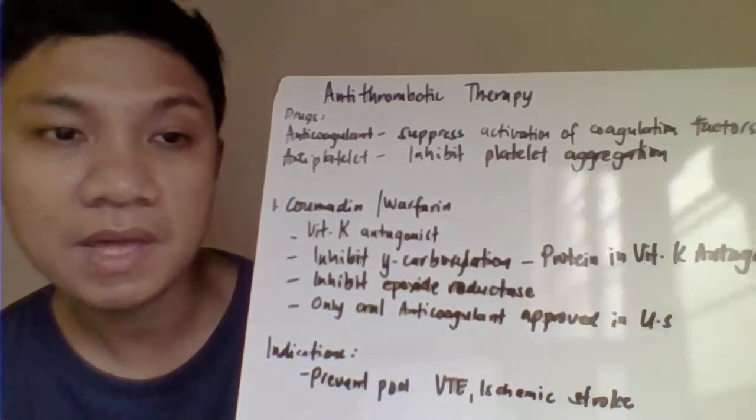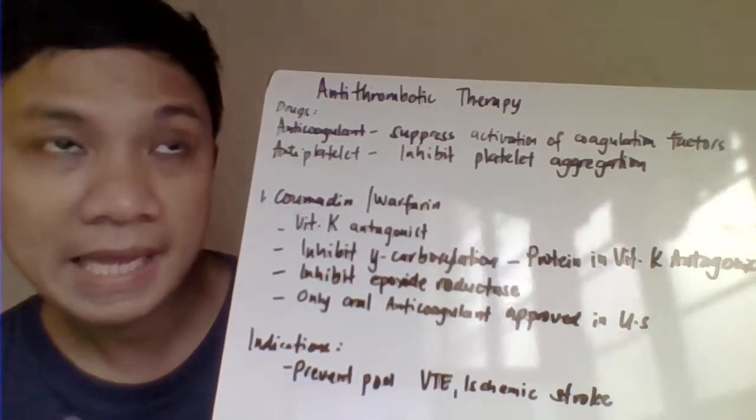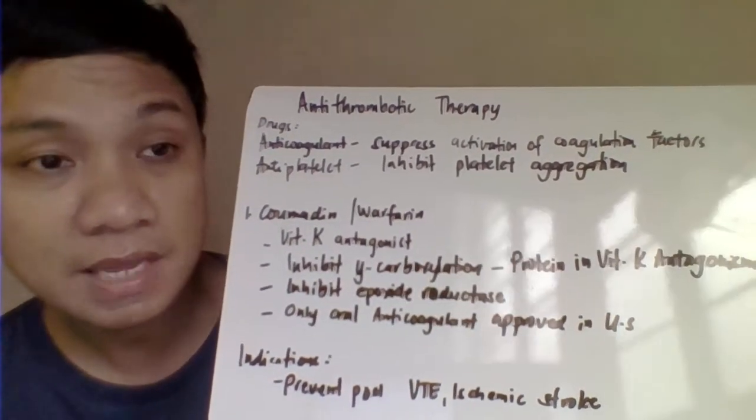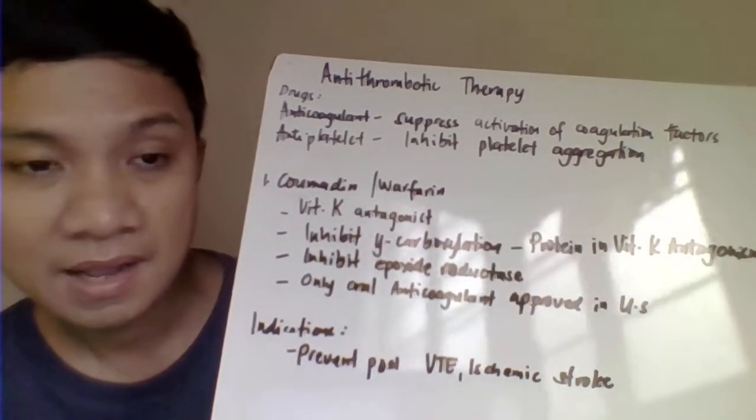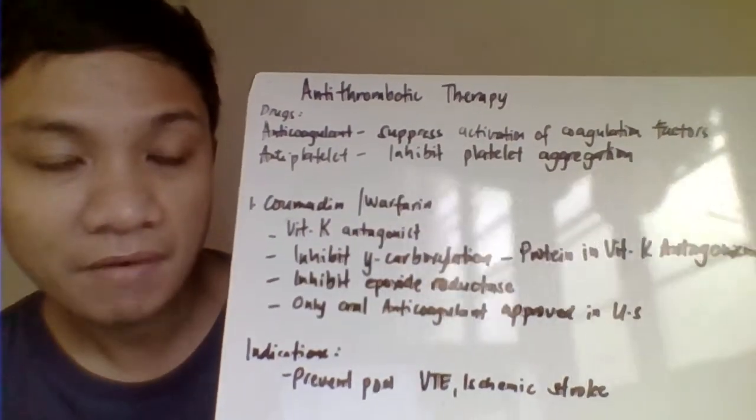Our vitamin K dependent coagulation factors include factor 2, 7, 9, 10, protein C, protein S, and protein Z. Those are the coagulation factors which require vitamin K in order to become activated.